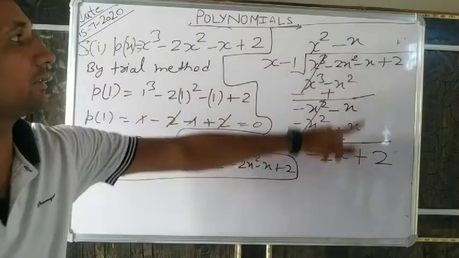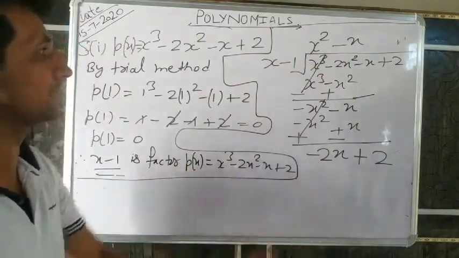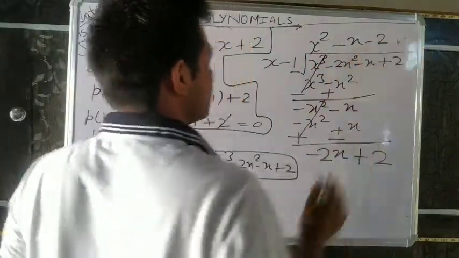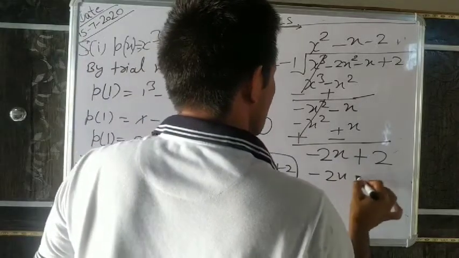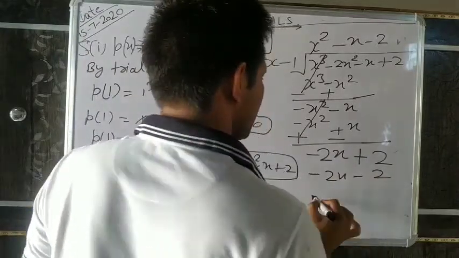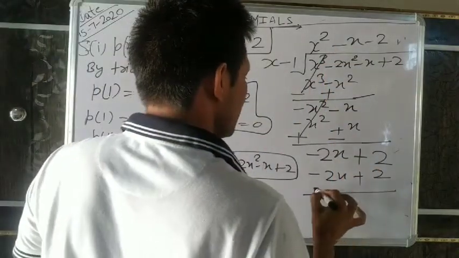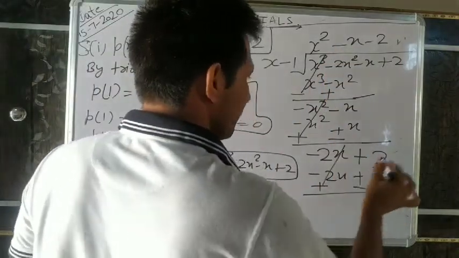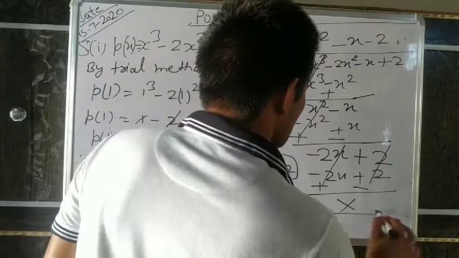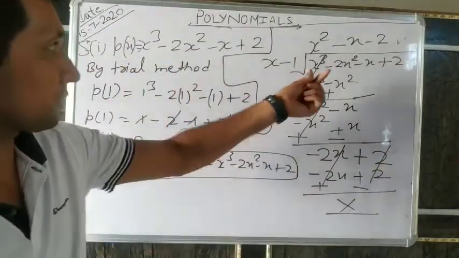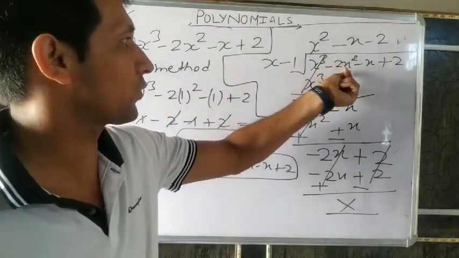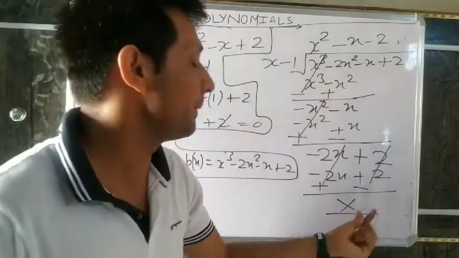Now same as before. Write a number which, multiplied, gives minus 2x. So multiply minus 2: minus 2x plus 2. Understand? Change the signs, positive negative, and 2 minus 2 is 0. So x cube minus 2x square minus x plus 2, the remainder is 0.